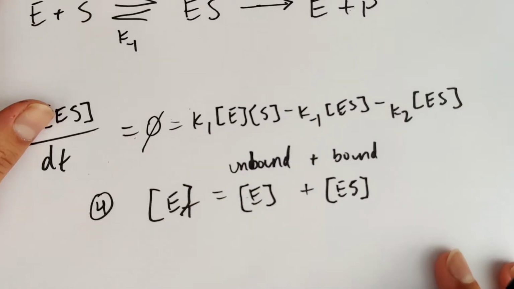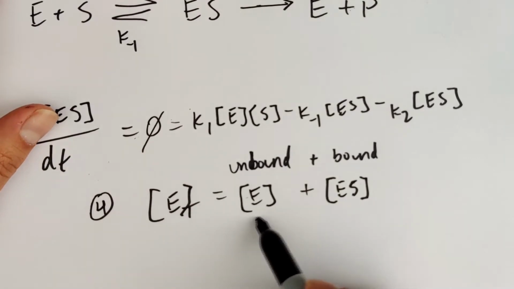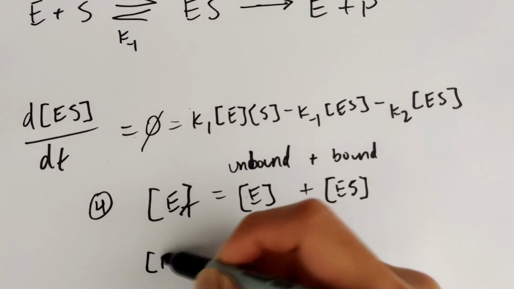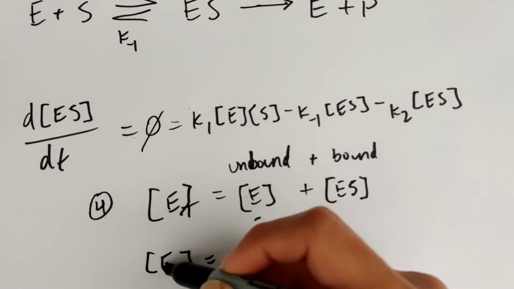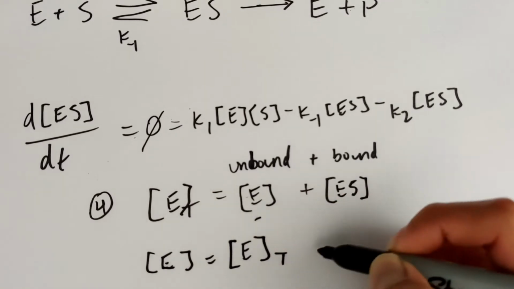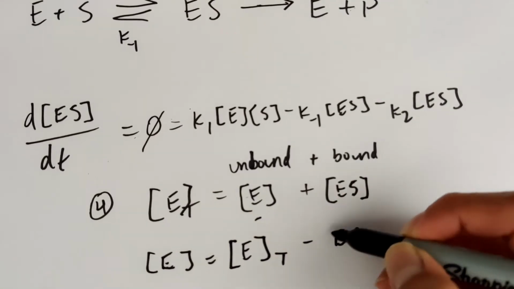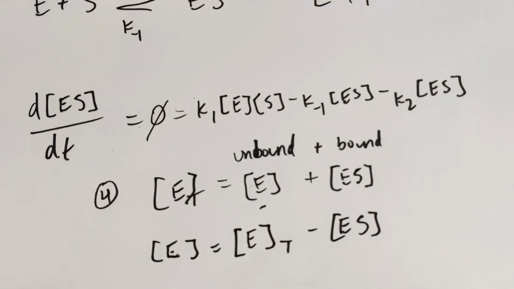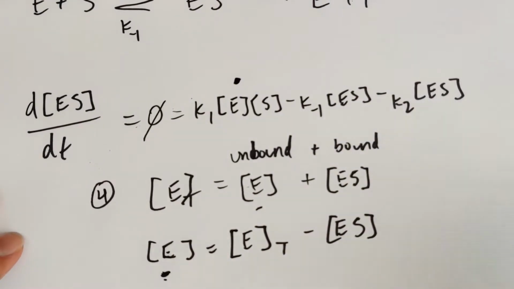To move forward, we'll want to isolate E, the enzyme concentration. As we do that, we get total enzyme concentration minus enzyme-substrate concentration. From here, we can substitute this back into our original equation so that we can proceed.